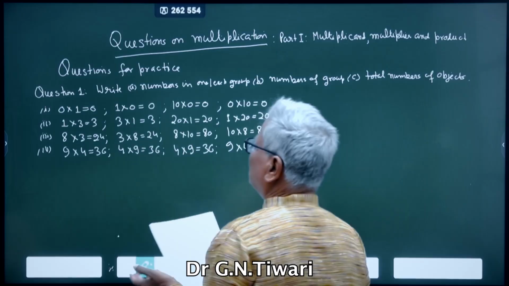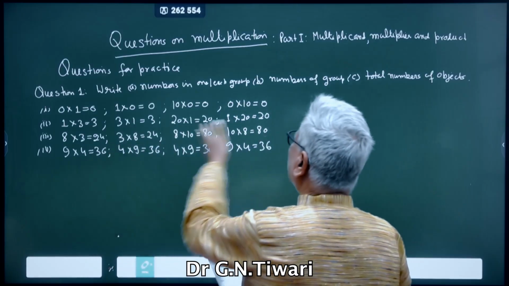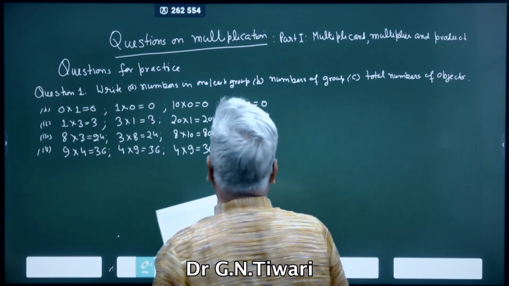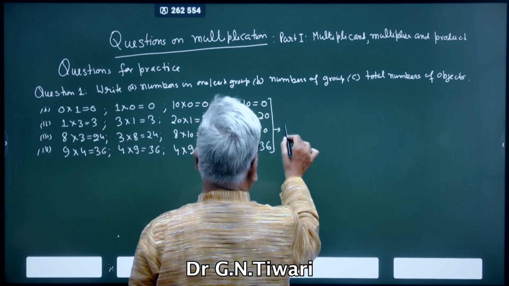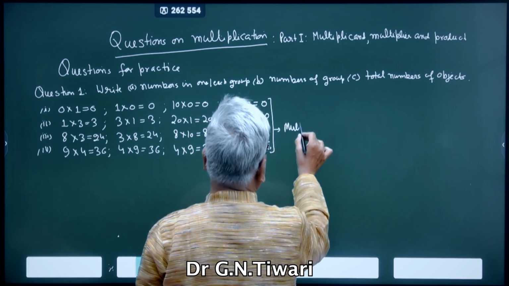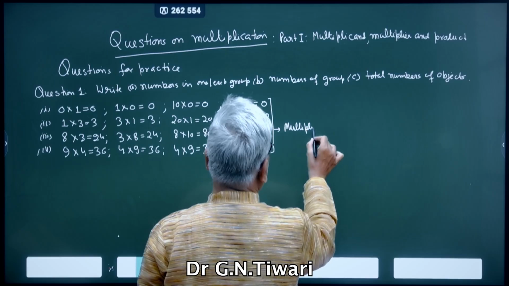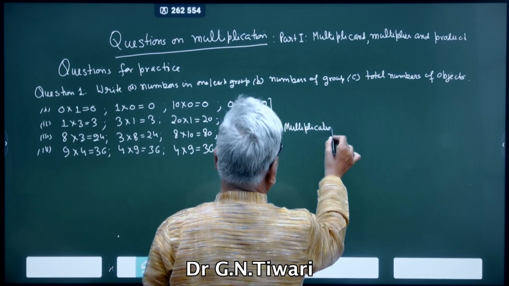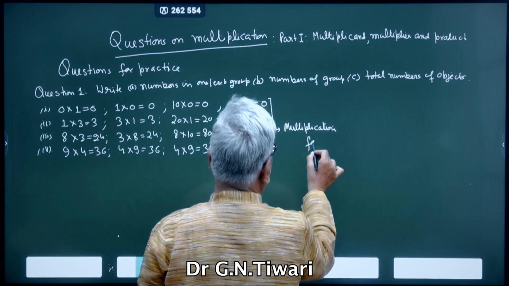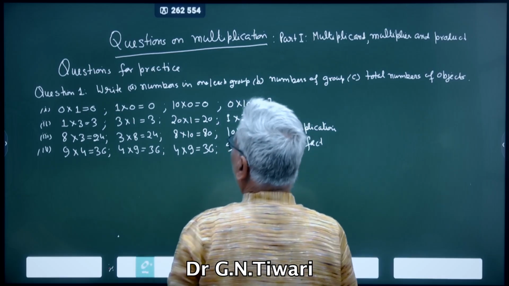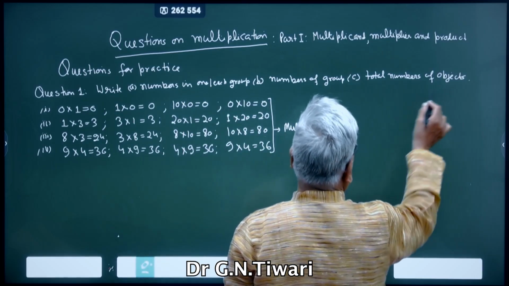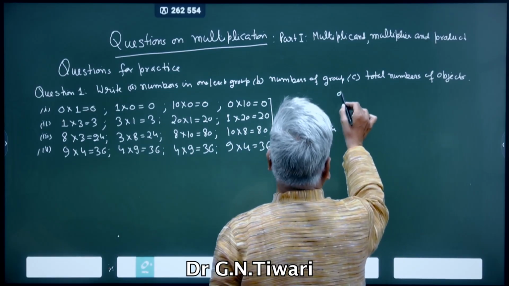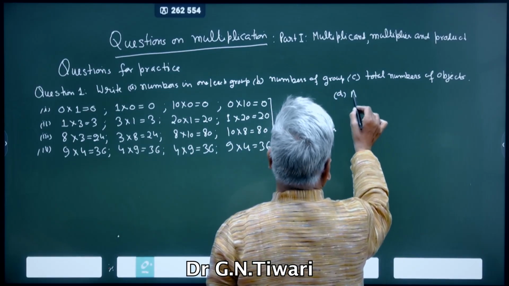You can ask the students, these are the multiplication facts. All these are the multiplication facts. Now, in the same question, you can ask number of them. You can also ask D, addition fact.